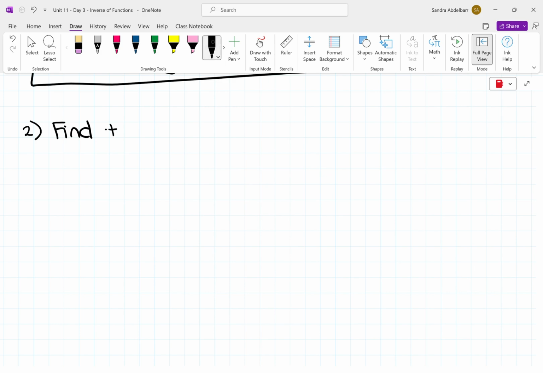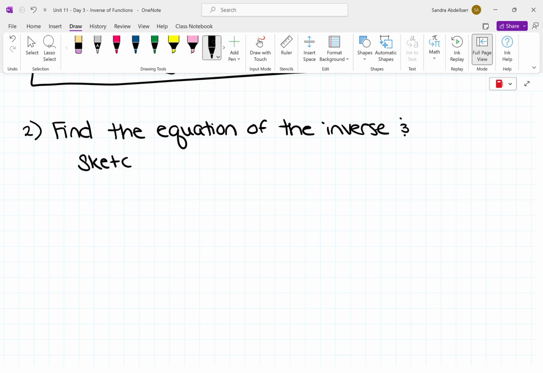So I want us to find the equation of the inverse and sketch the original and inverse.